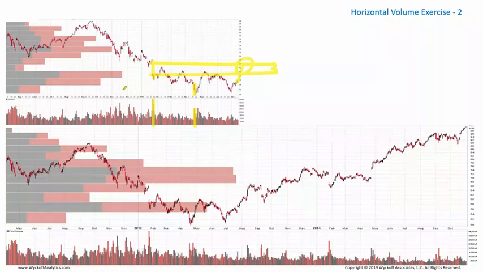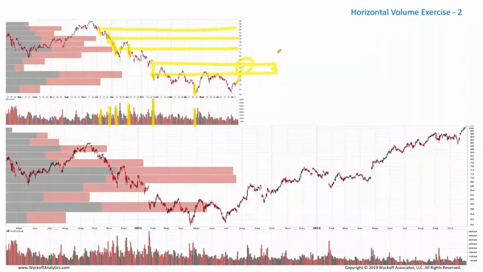And then as the price goes further up, you keep doing this. You keep thinking, okay, where is the next level where supply has emerged and was able to move the price in a meaningful way? Here, here, here, here, and here.